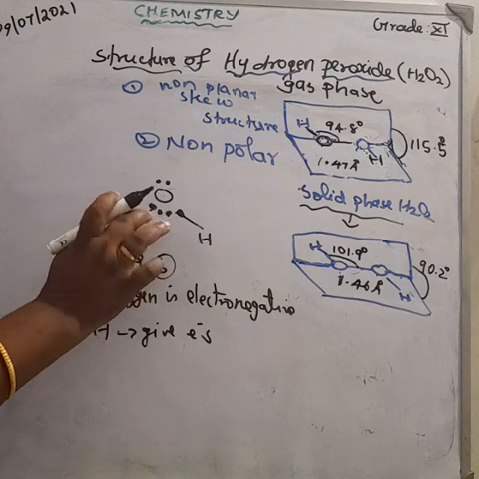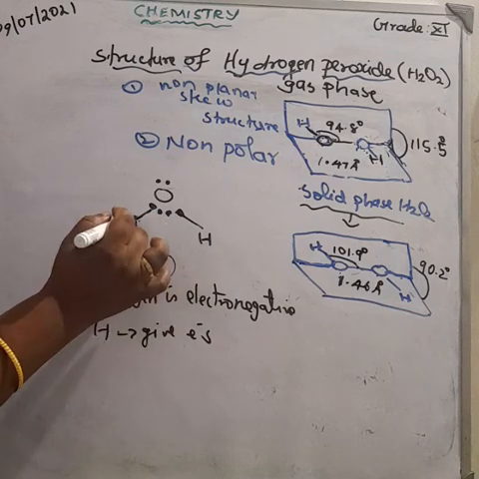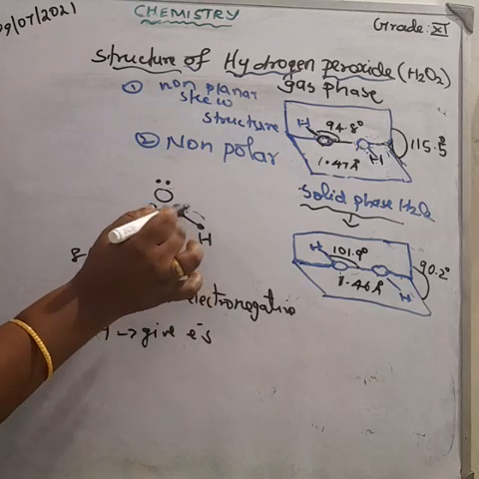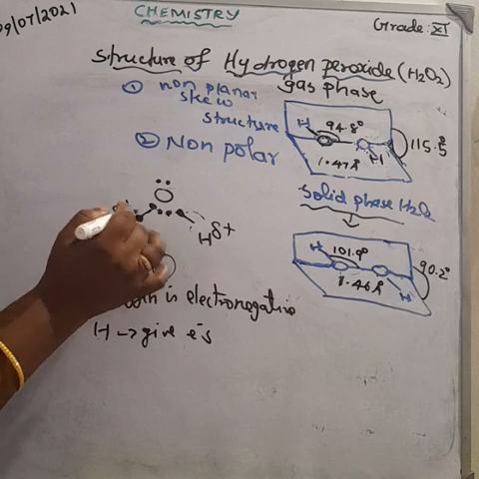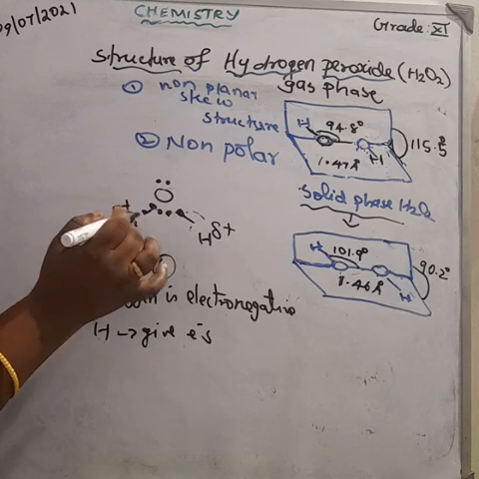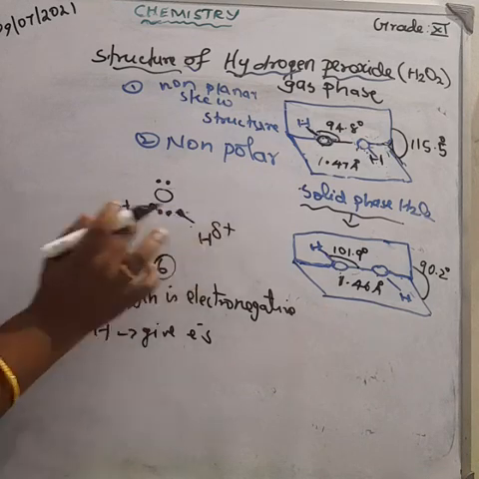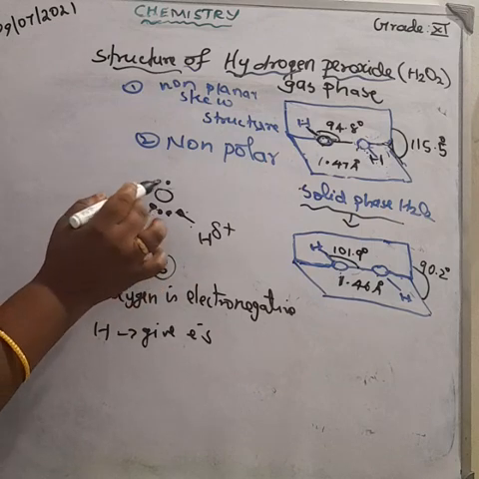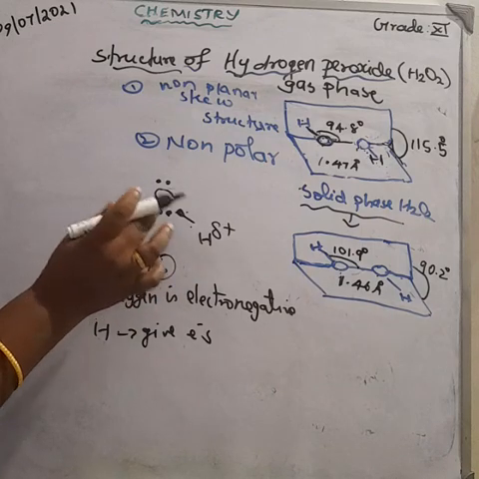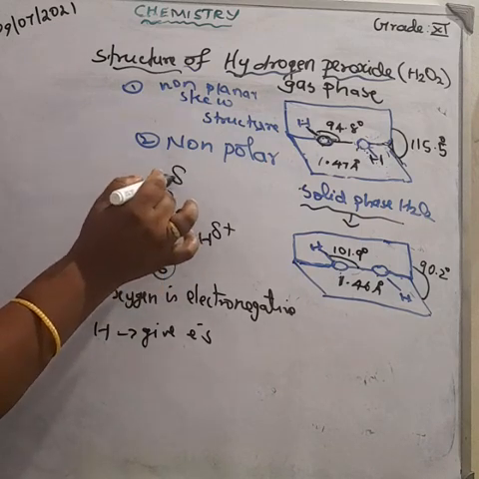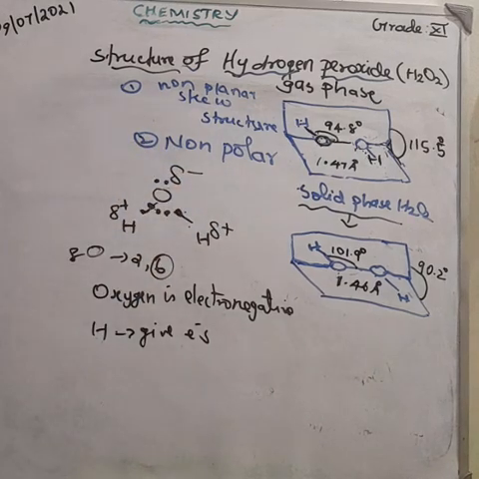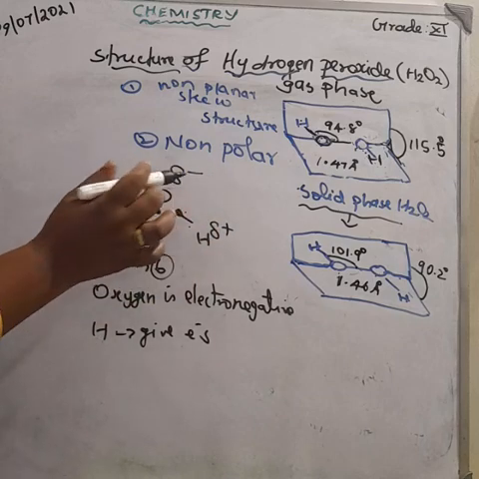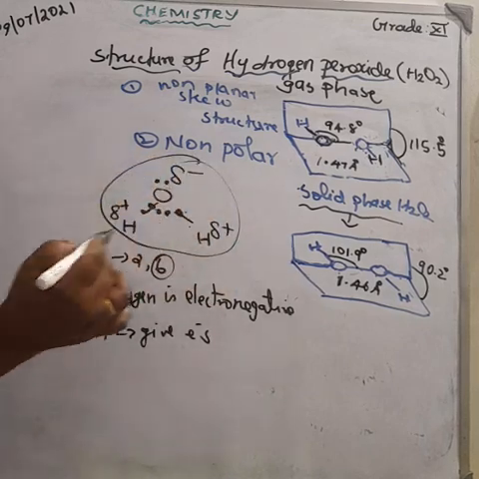Both hydrogen atoms become slightly positively charged. Oxygen, attracting the electrons, becomes slightly negatively charged. So both positive and negative charges are present in the same molecule. That is a polar molecule.